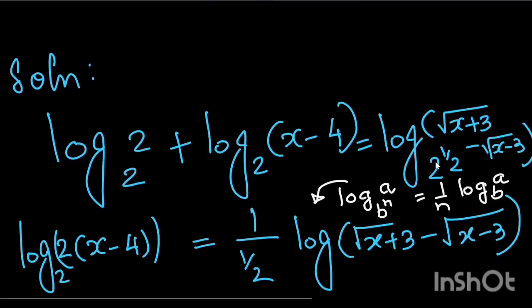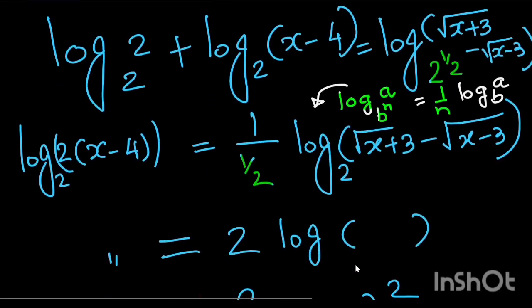As I said, we will write the base as 2 to the power half, and using this law, where the base power n goes in the denominator, 2 to the power half also goes in the denominator. So we are left with 2 here. Now this half, and here 1 we have written as log 2 base 2, and log x minus 4 using the property log a plus log b, these two get multiplied.